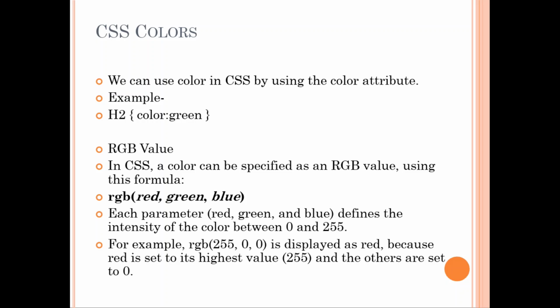Take an example: RGB 255, 0, 0 displays red, because red is set to its highest value and the others are set to 0. So we can change our color by using this RGB value, and this is an example. You can use this type as well.